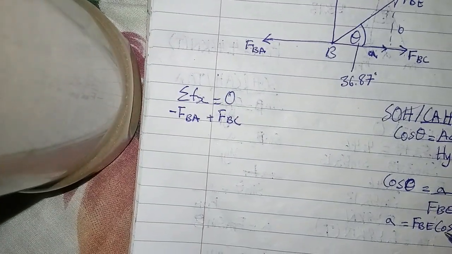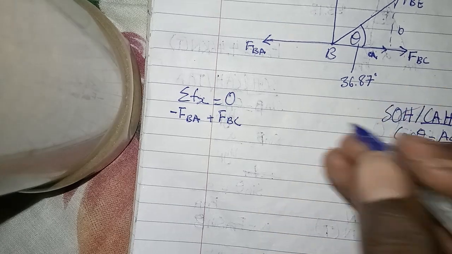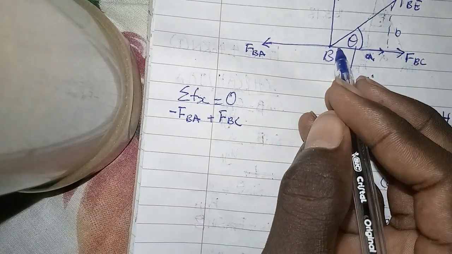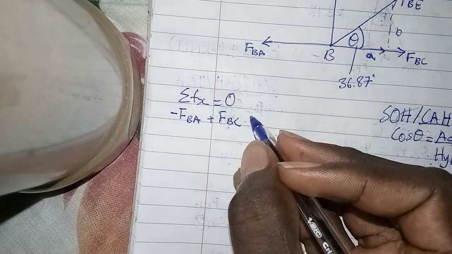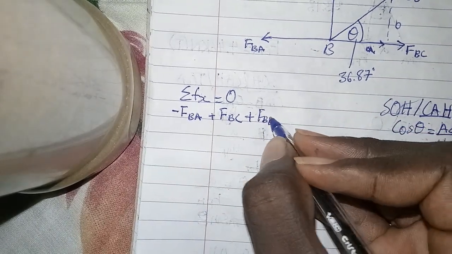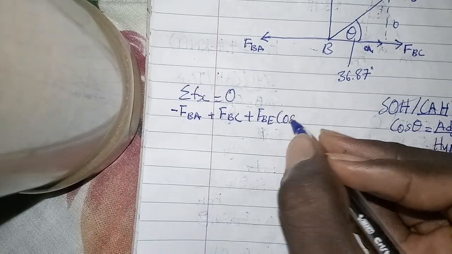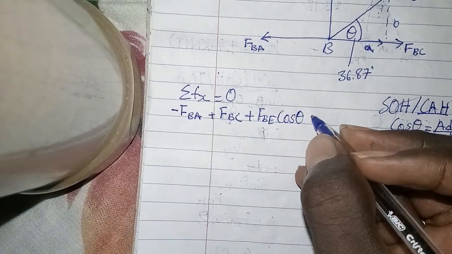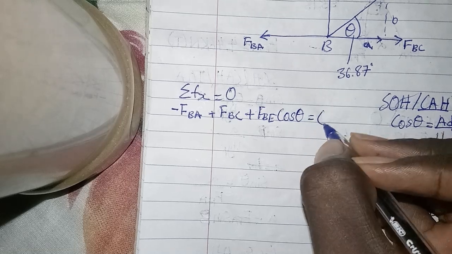We substitute this into the equation, and it is positive because it is pointing to the right. So positive force BE cos theta equals 0.